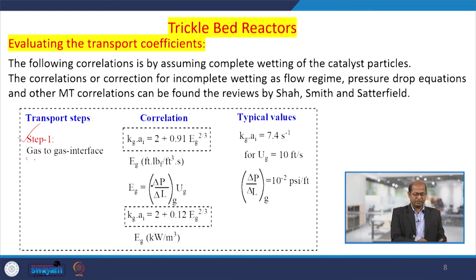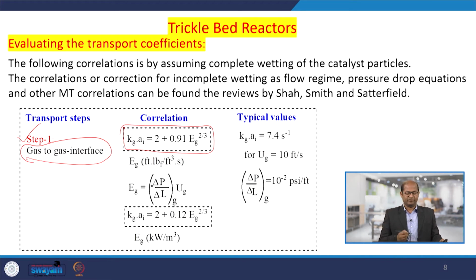For step 1, the gas phase to interface mass transfer, this correlation is available, and we can find K_G A_i directly using it. On the right-hand side E_G is there, that we have to find out. What is E_G? E_G is in terms of foot pound force per cubic foot per second. We substitute the numerical value that comes, and then we can easily find K_G A_i.